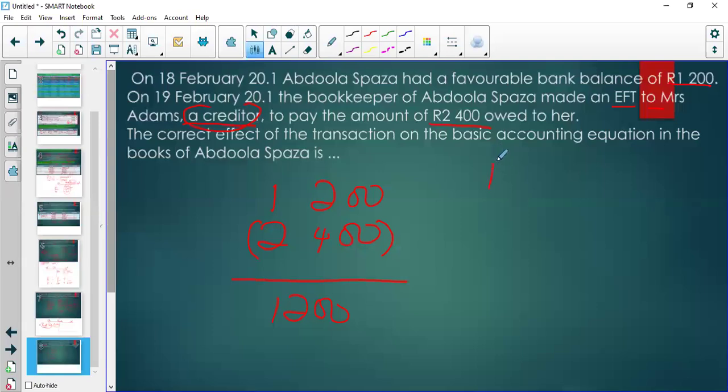If you want to do your journal entries to determine what is going to be debited and what is going to be credited, we see that our bank account has decreased. So obviously we know that's a credit of 2,400. But we also used to owe this creditor, and we don't owe him anymore. So the other leg will be a debit to the creditor, which is 2,400.